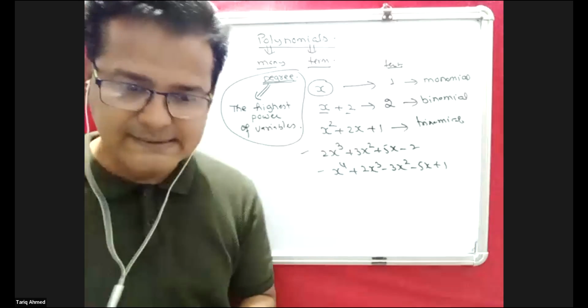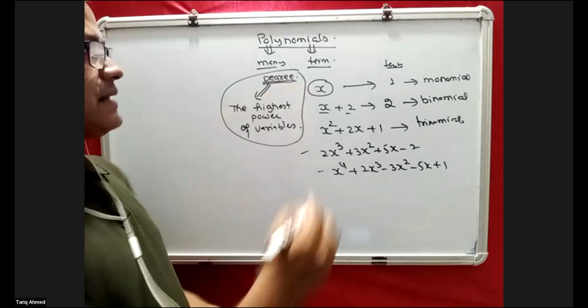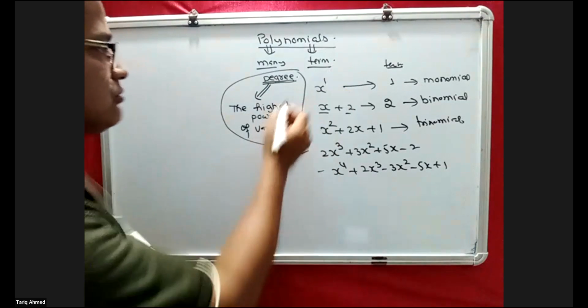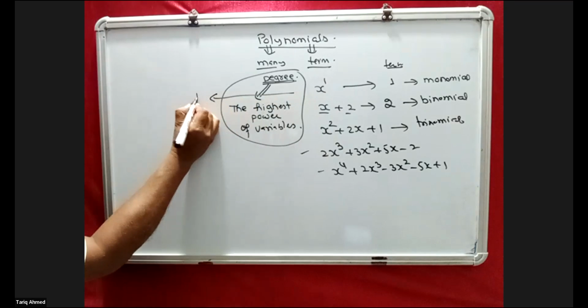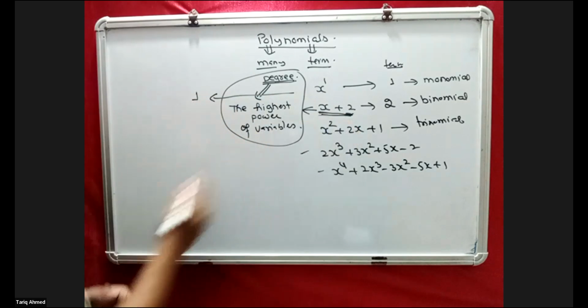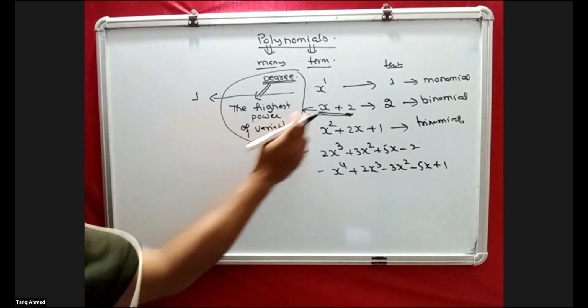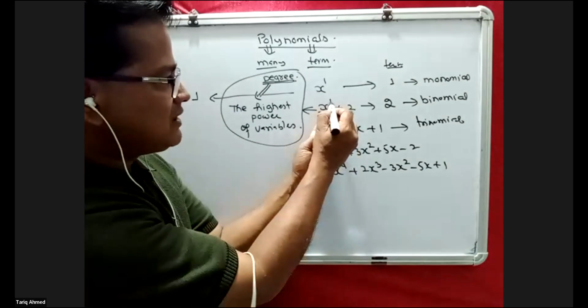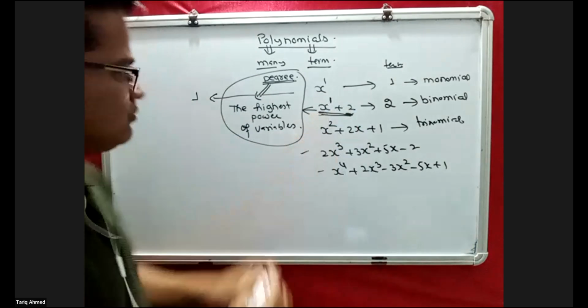In the first example, what is the highest power? 1. Yes, so its degree is 1. Here, what is the degree of this polynomial? Highest power of the variable is still 1, so it also has degree 1.